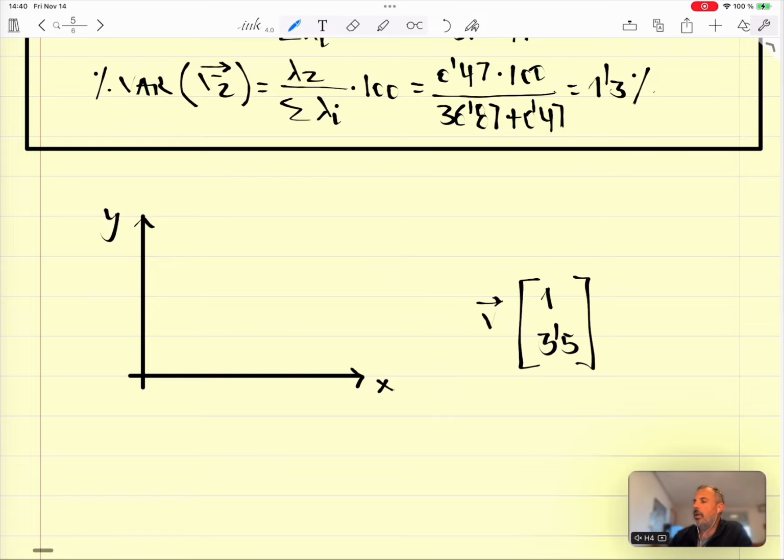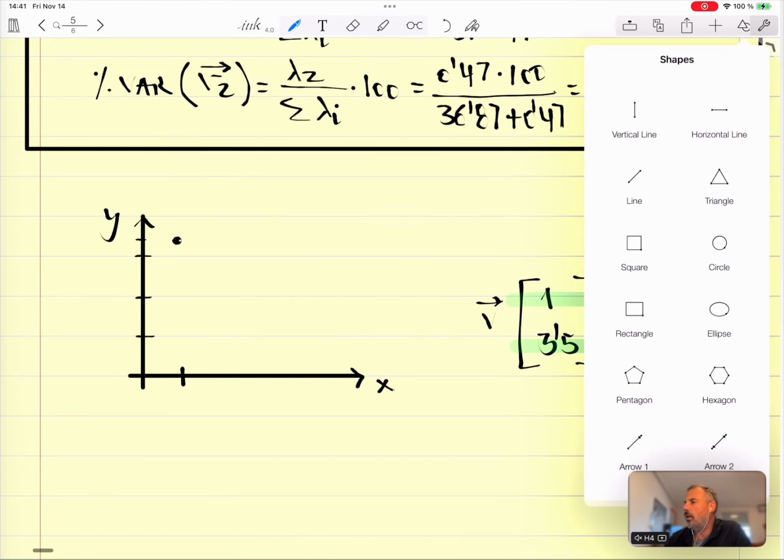Very good. So this vector moves 1 in the x and 3.5 in the vertical. So you go ahead and you drive.